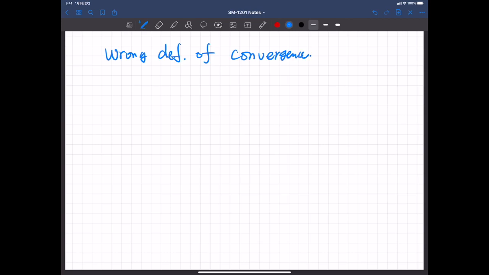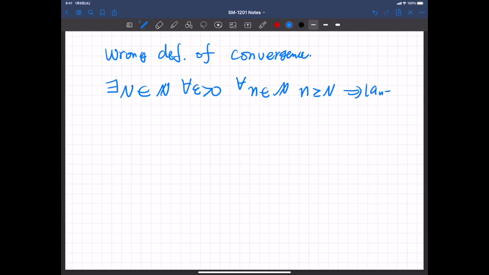Let's say there exists some natural number N such that for all epsilon that is positive real, or for all natural number n, if n is greater than capital N, then |an minus alpha| is less than epsilon. Okay, so this is wrong.